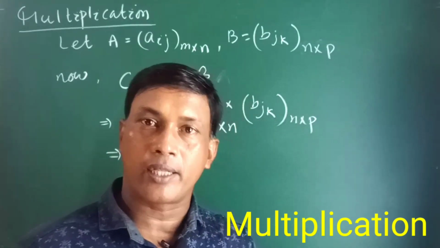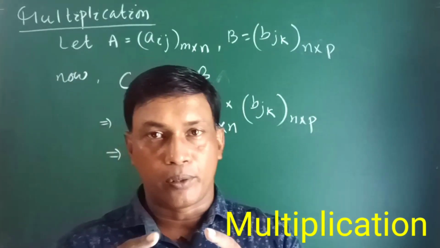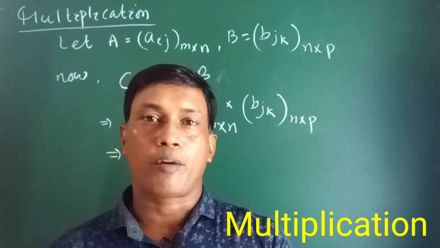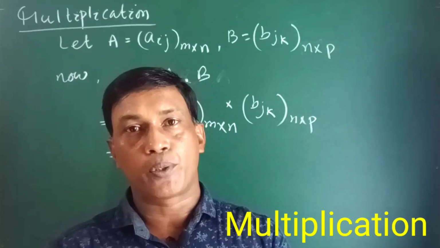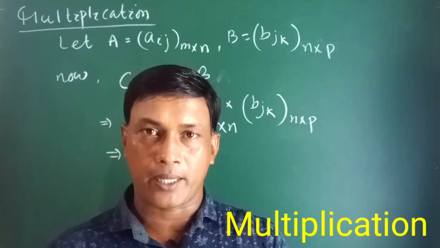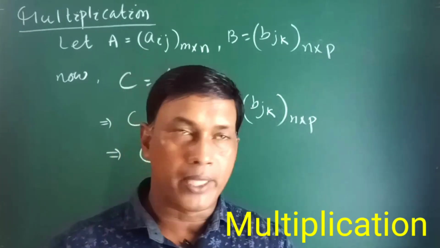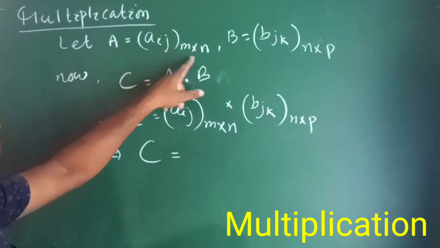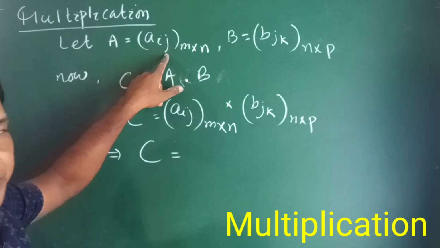एडिशन और सब्ट्रैक्शन के लिए कंडीशन था कि two matrices can be added and subtracted if they are of same order. ऑर्डर सेम हो जाएगा तो एडिशन सब्ट्रैक्शन हो सकता है. But for multiplication what happens? Suppose A is a matrix of order m cross n whose element is aij.